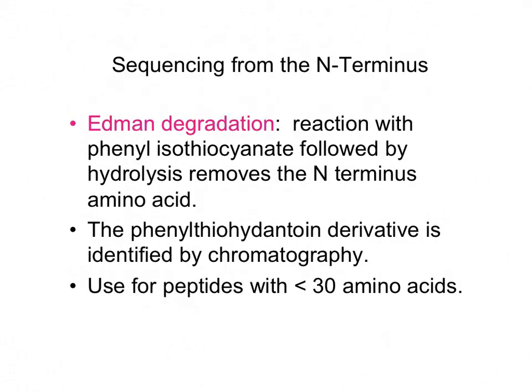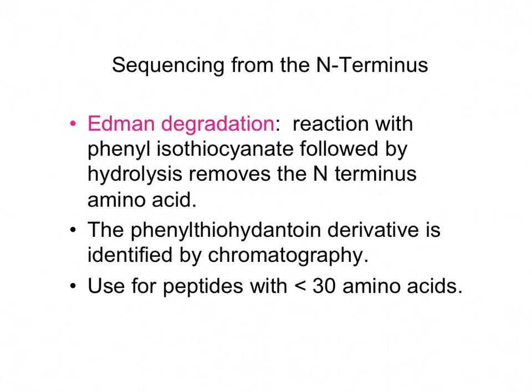Okay, now as far as sequencing goes, we have broken so far the 100 amino acid peptide into chunks of, let's say, 10 in a controlled fashion. So I have little 10 amino acid chunks now. To figure out the chunk, we'll use this one.